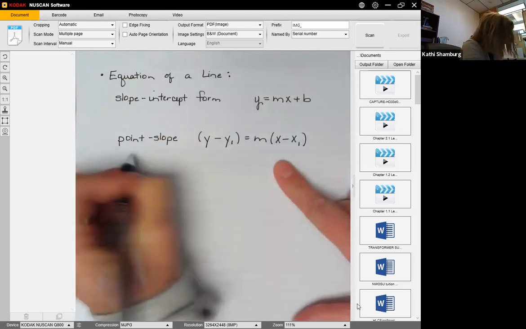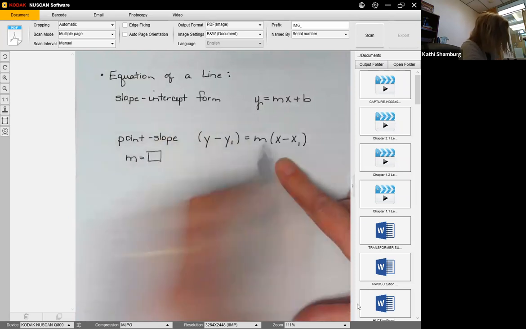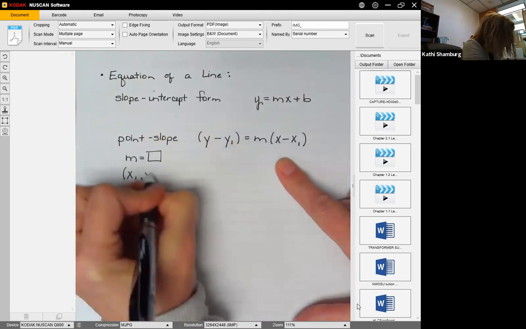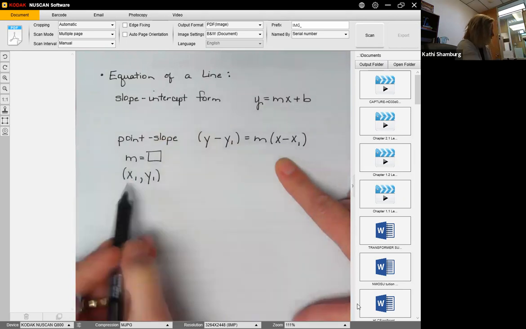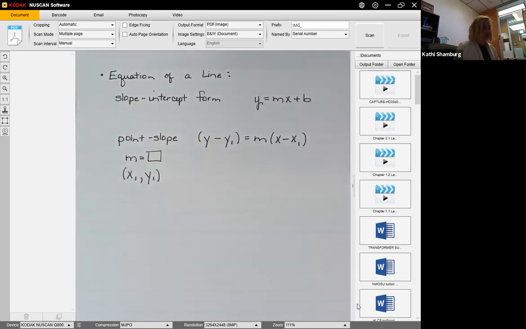This is when you either have or can find the slope, and you have or can find a point on the line, which would be your x1, y1. Once you substitute those numbers in, you most likely simplify your equation and solve for y to put it into slope-intercept form.